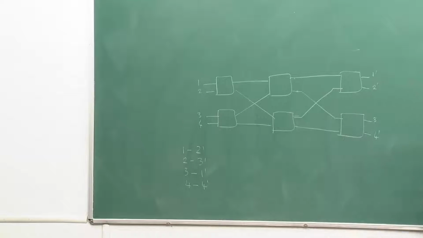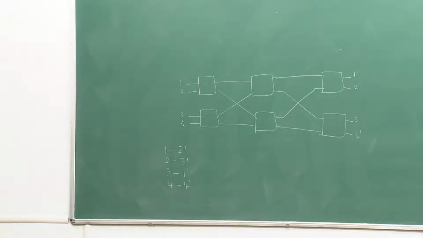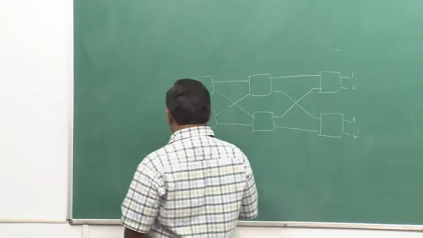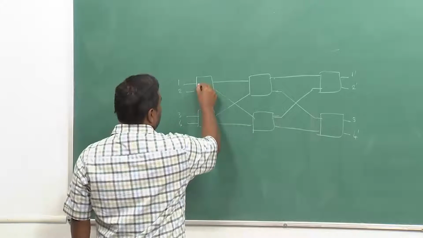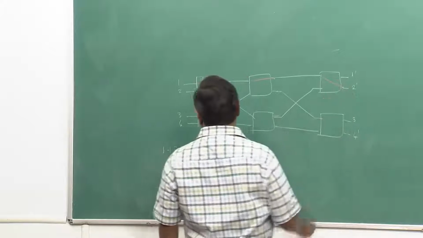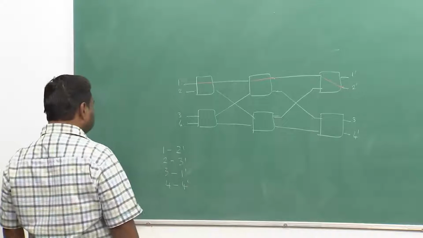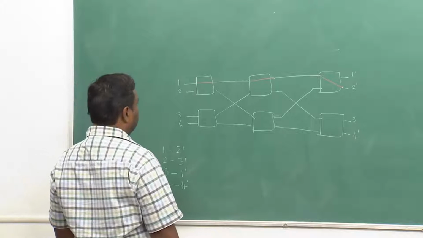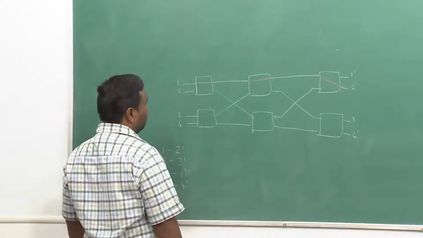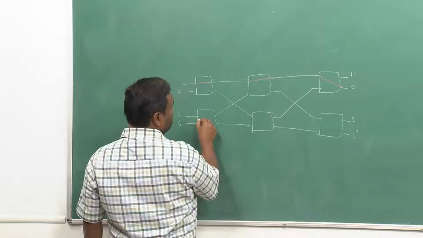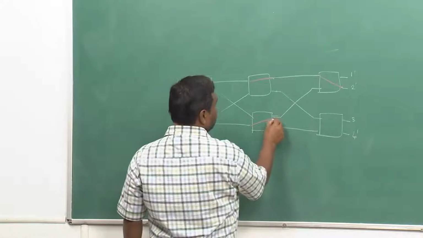So, 1 to 3, let me take a colored chalk again. When I want to set up 1 to 2, I can do it whatever way I like, I can do it this way and then this is connected. Okay, 2 to 3, maybe 3 to 1 I would like to set up, the only way is going this way.